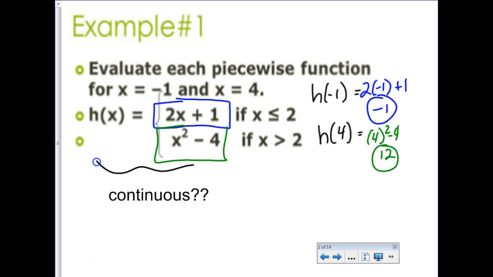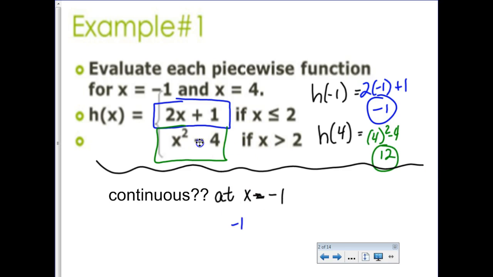However, if I change the question to say, is this continuous at x equals -1? In order for this function to be continuous, both of your pieces, or all of the pieces of the piecewise function from the left and the right side of -1 have to match up. So we just found out that if you use the left function, the blue guy, plugging in -1, you get -1.